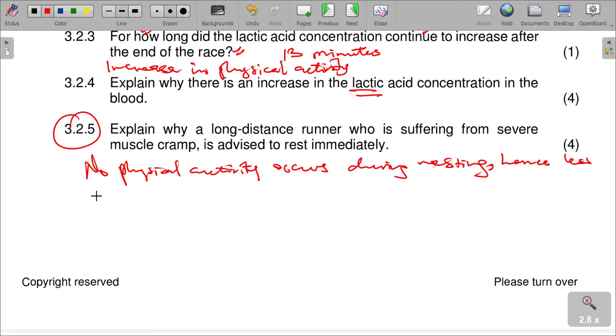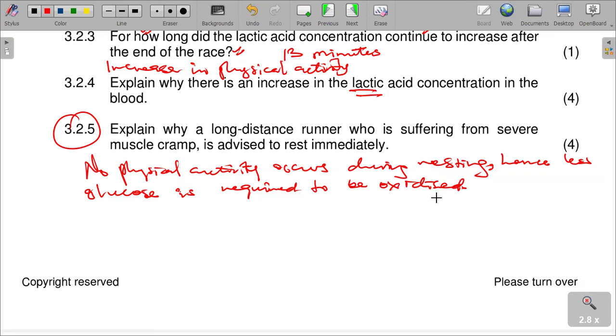Hence, less glucose is required to be oxidized, which therefore means the demand for oxygen is decreased, and then carbon dioxide is expelled from the body gradually. Oxygen balance will be restored.